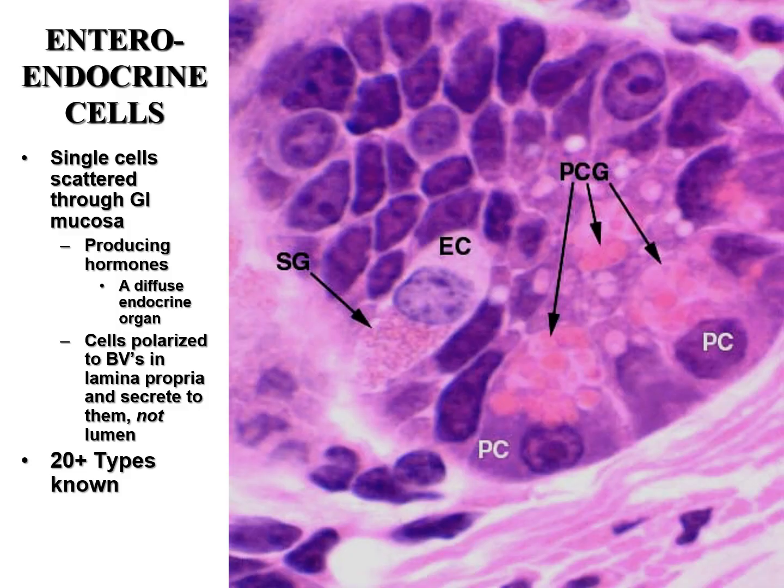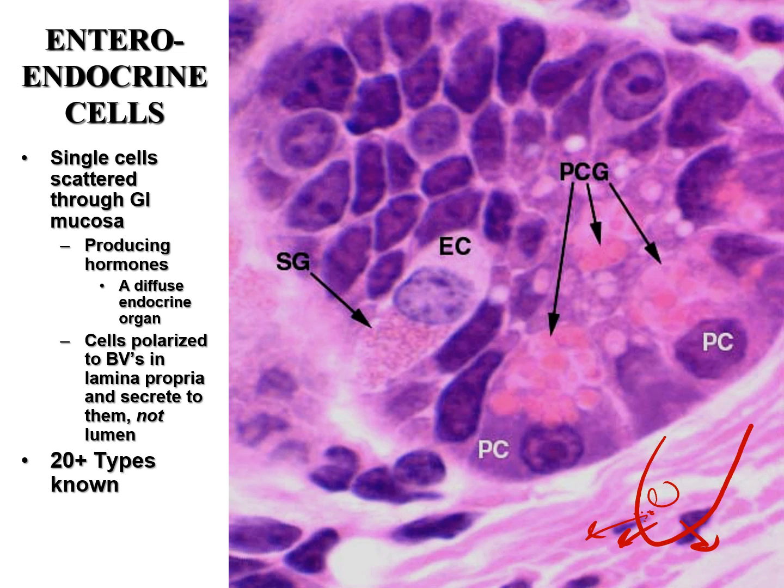The other cells found in the area of the gastric gland are the enteroendocrine cells. Usually these cells are scattered in the distal portion of the gland, and usually these cells are polarized to the bottom. That means that the secretion of these cells will be released from the cells and go to the area of the lamina propria, where it is going to be absorbed by the blood.